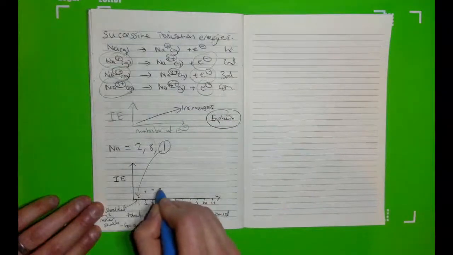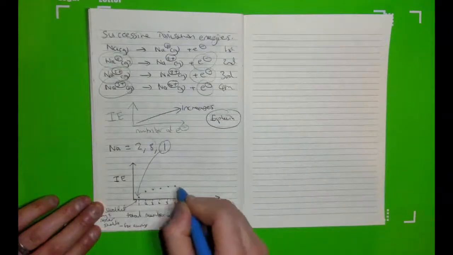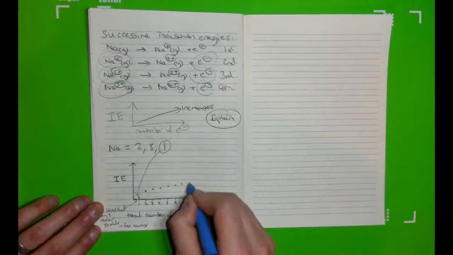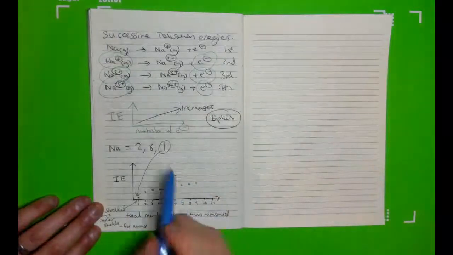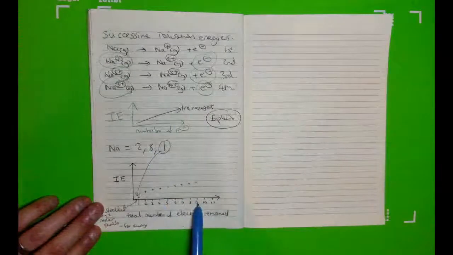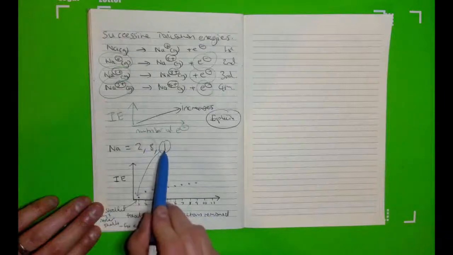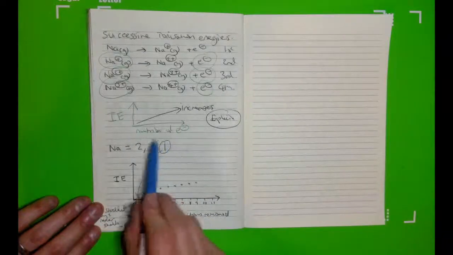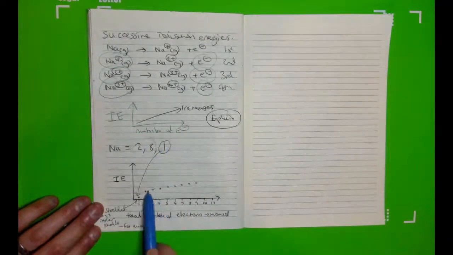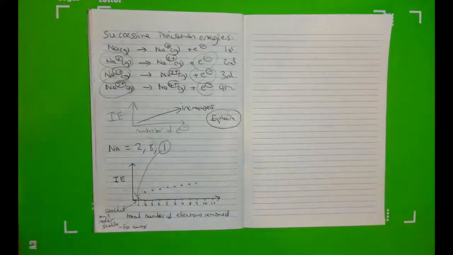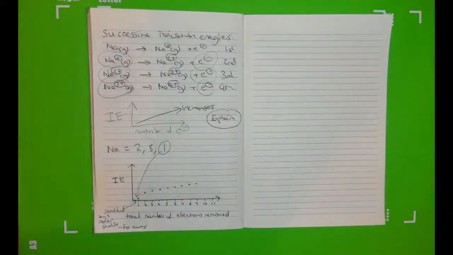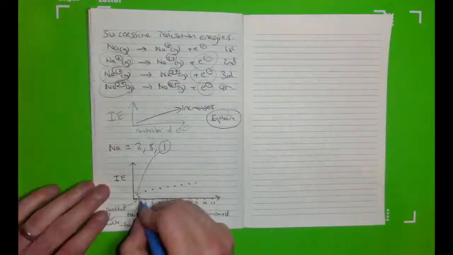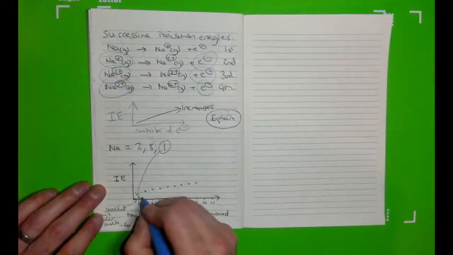So 1, 2, 3, 4, 5, 6, 7, 8 electrons. So I've now removed all those 8. So that's the 9th electron to remove. 1 plus 8 is 9. It's the 9th electron I've removed there. There's a general increase here. So we see there's a jump, right? There's a jump in ionisation energy from group 1 to group 2.